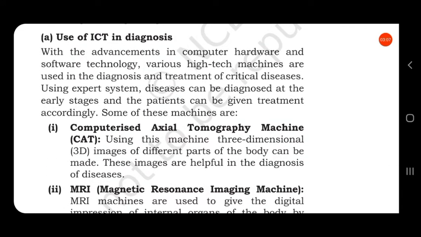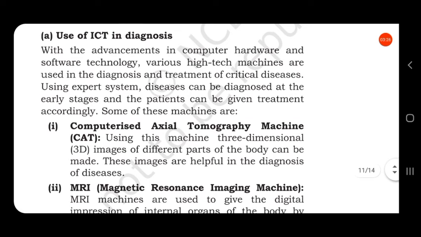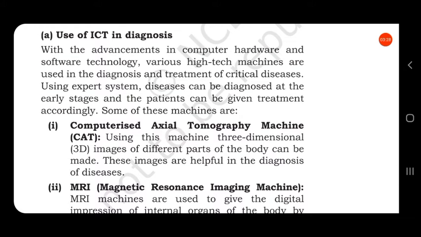So let us see what are the uses of information and communication technology in diagnosis. With the advancements in computer hardware and software technology, various high-tech machines are used in diagnosis and treatment of critical diseases.